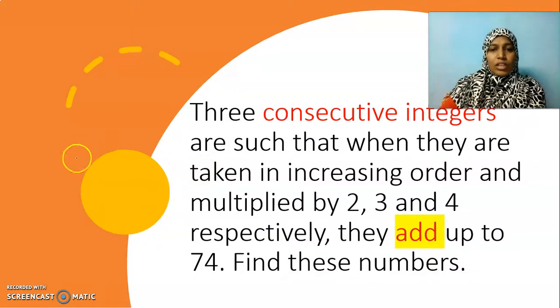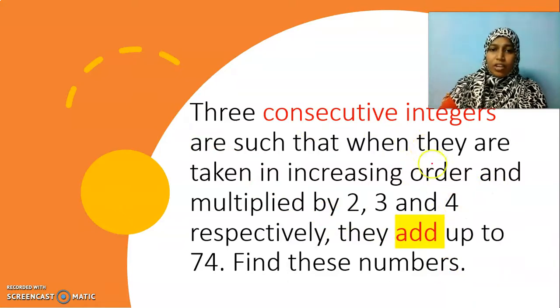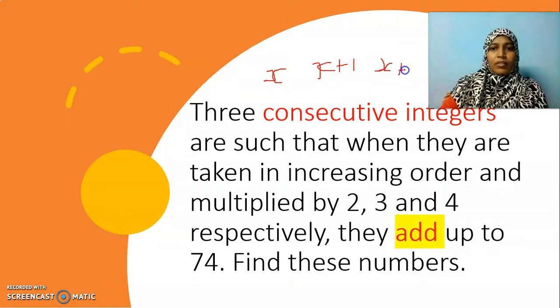The next question, the 3 consecutive integers. I am not going to give the solution for this, just discussion alone. 3 consecutive integers are such that when they are taken in increasing order, there are 3 consecutive numbers. First is x. What will be the next number? x plus 1. What will be the next number? x plus 2. So, we got 3 consecutive numbers such that when they are taken in increasing order and multiplied by 2, 3 and 4.